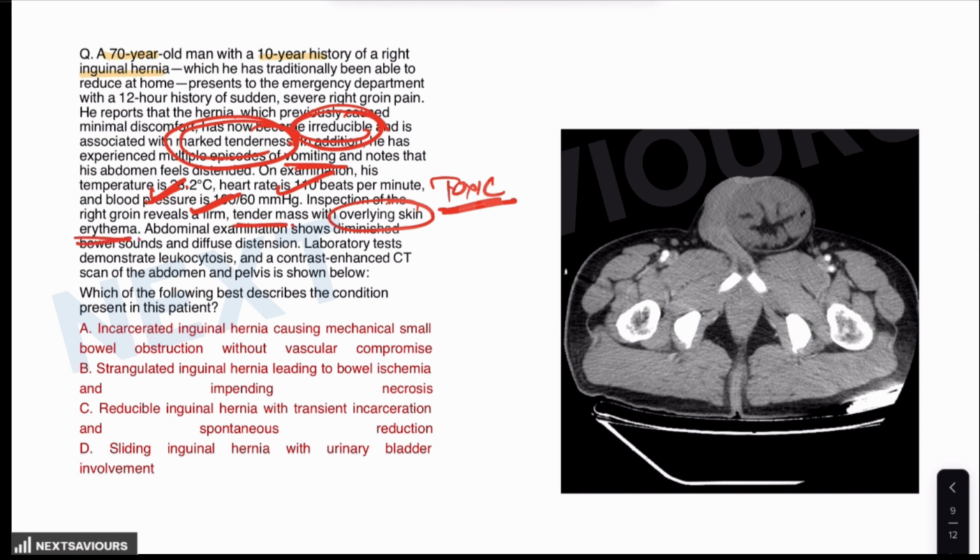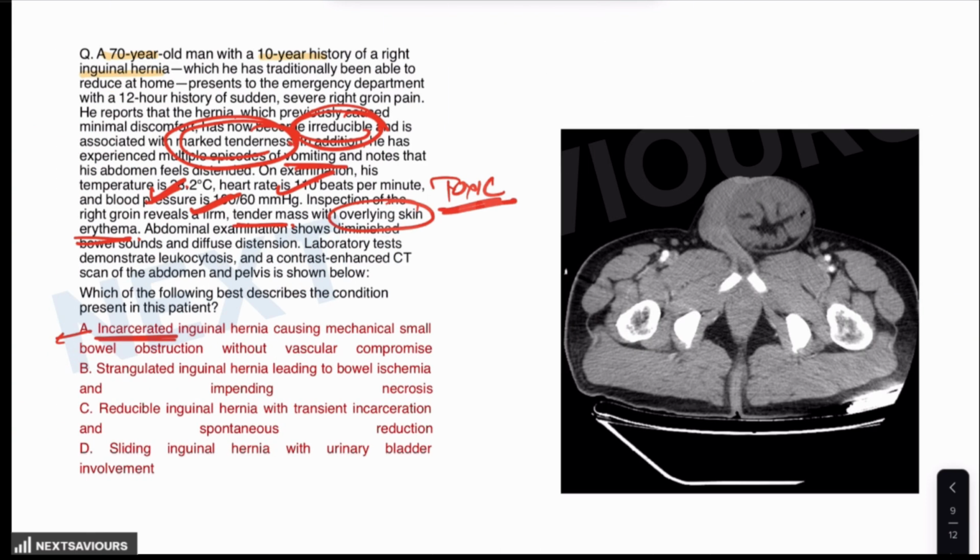Which of the following best describes the condition? First of all, what is an incarcerated hernia? In this question we are talking about the complications that may happen in a patient with inguinal hernia. So, what does incarceration mean?